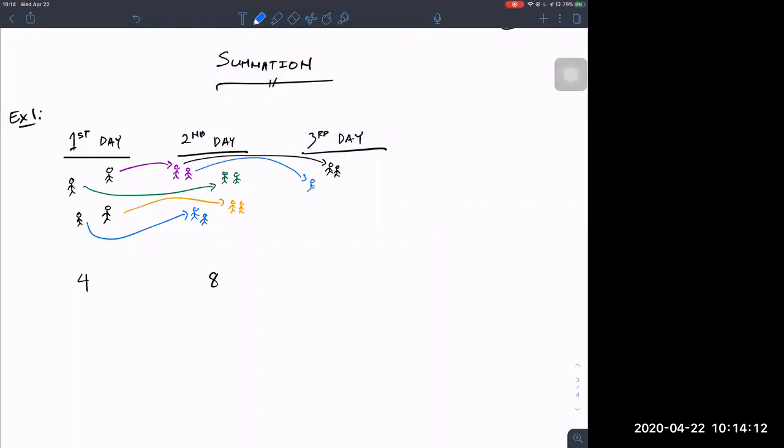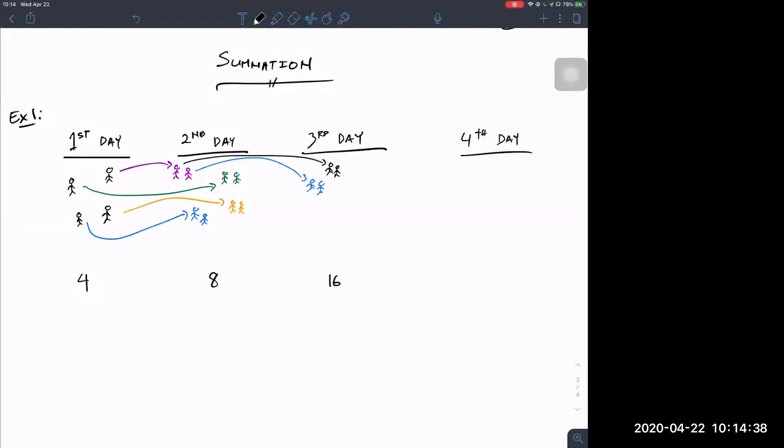So you can see that it's going to grow ridiculously fast. It's 2 for each person: 2, 4, 6, 8, 10, 12, 14, 16. Would you agree there? And then if you had a 4th day, I'm not going to draw this, but what would you assume to be the next number here?